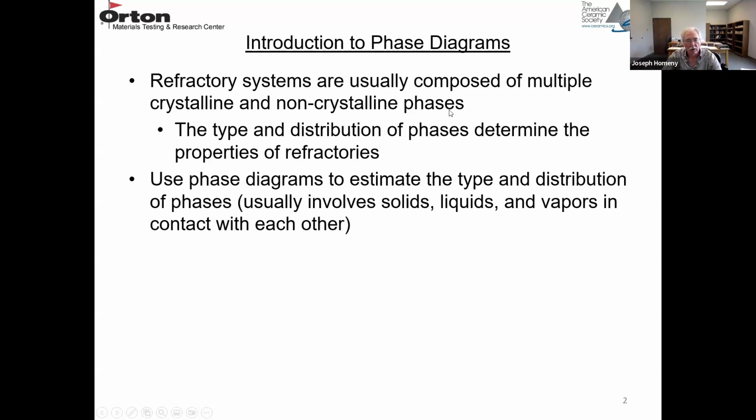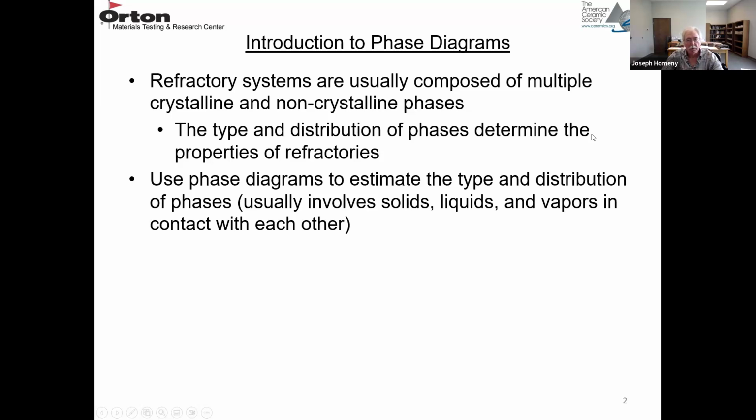I tried to go over silicate glasses last class and show that the viscosity was important, and it's a function of the additions to a silicate type glass, which is the most common in refractories. So impurities lower the connectivity and decrease the viscosity, which lowers a lot of high temperature properties.